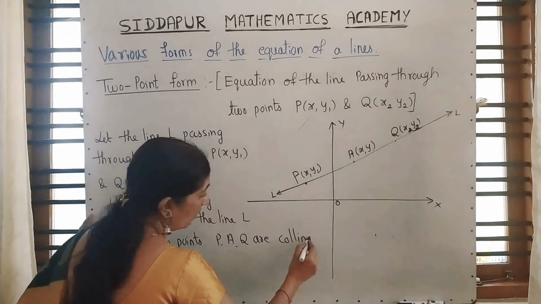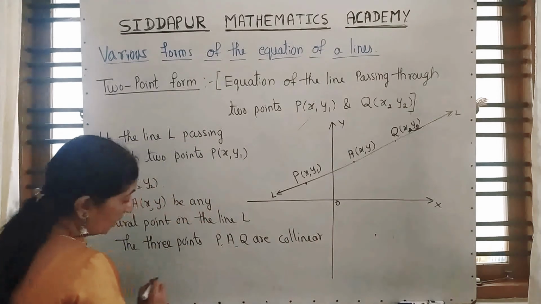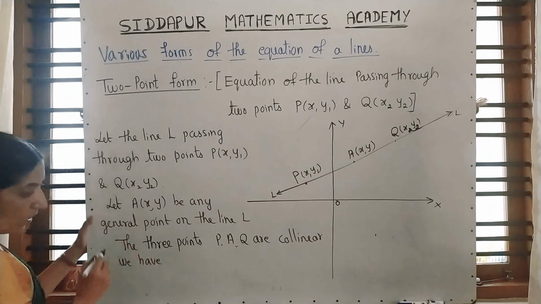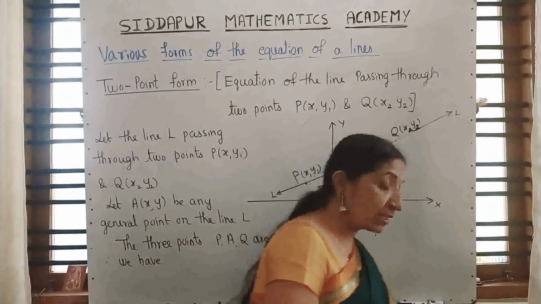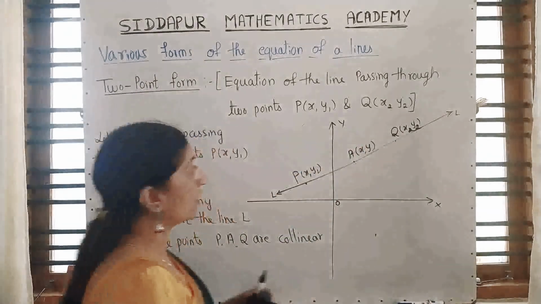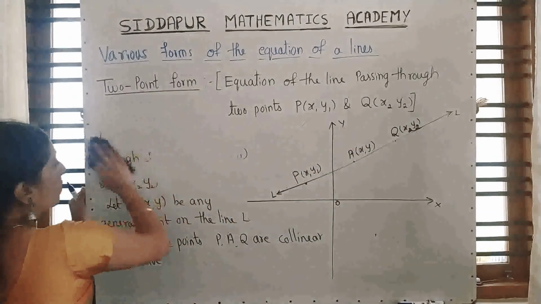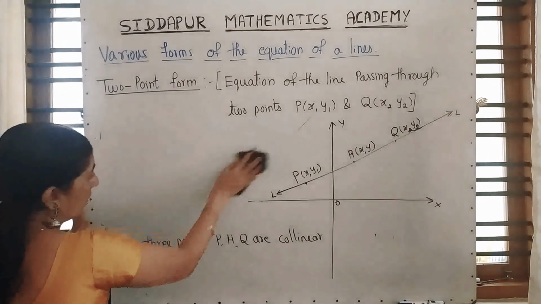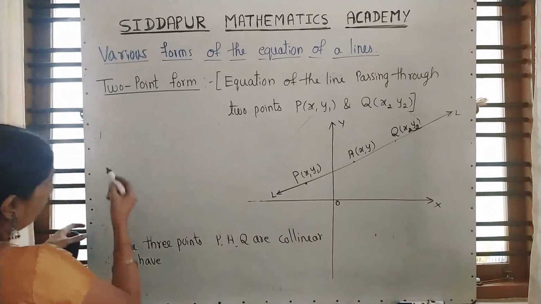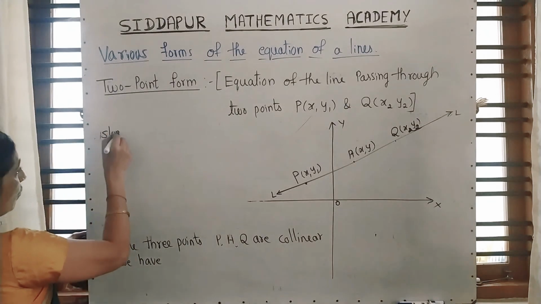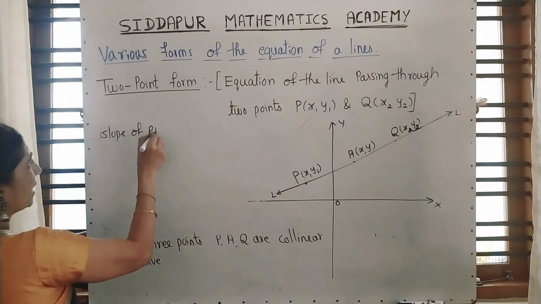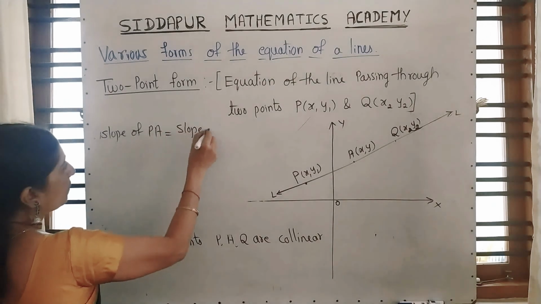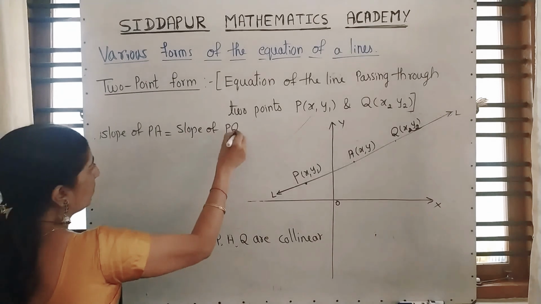That means they are on the same line. Therefore, if all 3 points are collinear, their slopes are equal, and in that any one point is repeated. Already you are familiar with this. Now write down that condition. Slope of PA is equal to slope of PQ.